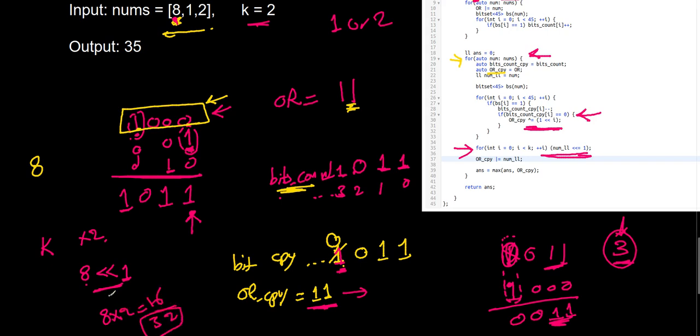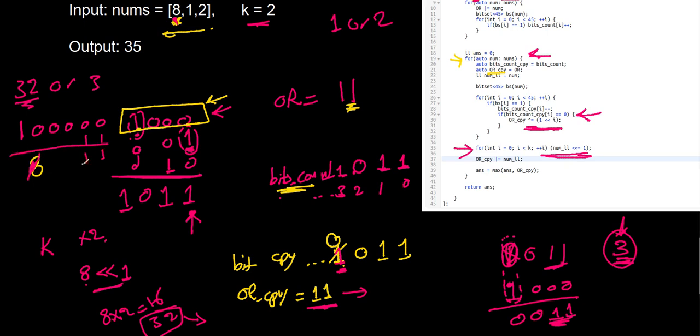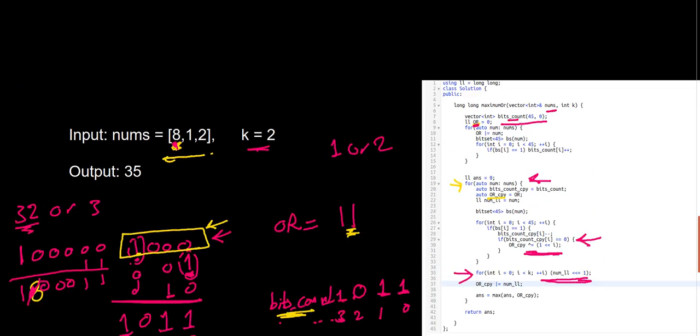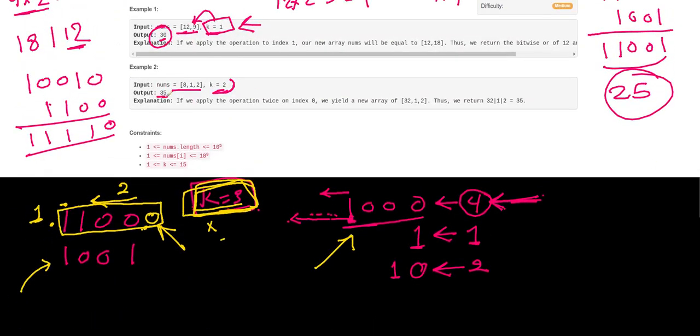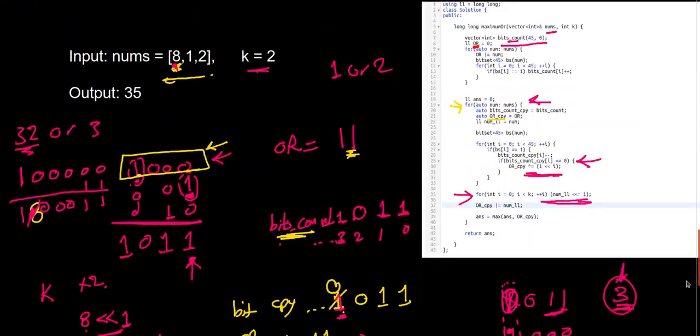Now we have this 32, and we need to OR it with 3. 32's representation is 1 0 0 0 0 0, with place values 32, 16, 8, 4, 2, 1. 3 is 1 1, so the result is 1 0 0 0 1 1, and this equals the value 35.